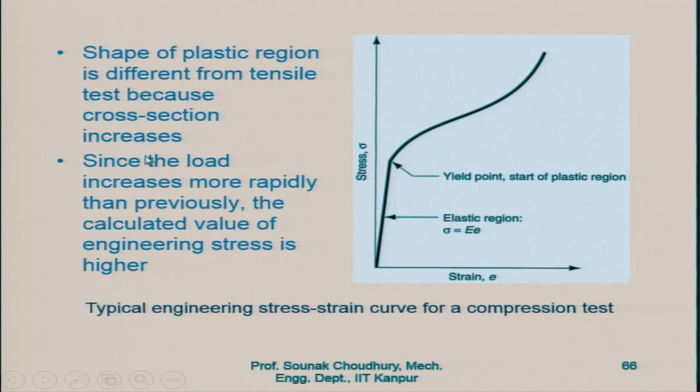This is to be understood: as you calculate the engineering stress, it will obviously be higher. This is a typical engineering stress strain curve, stress versus strain, for the compression test.